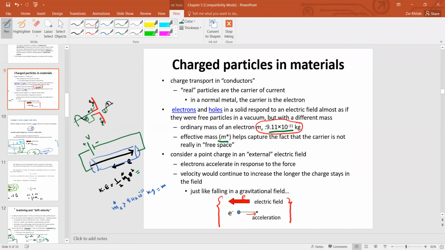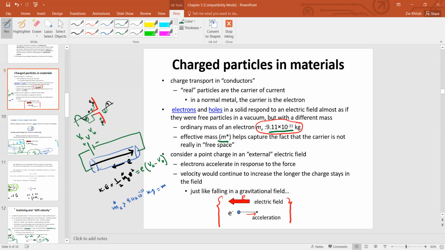So I will put this equation as the electron charge into, say here we have the potential VA on this positive plate, and here on this other plate we have the potential VB, so we have VA minus VB. This is the amount of work or the kinetic energy the electron will be gaining inside the conductor.